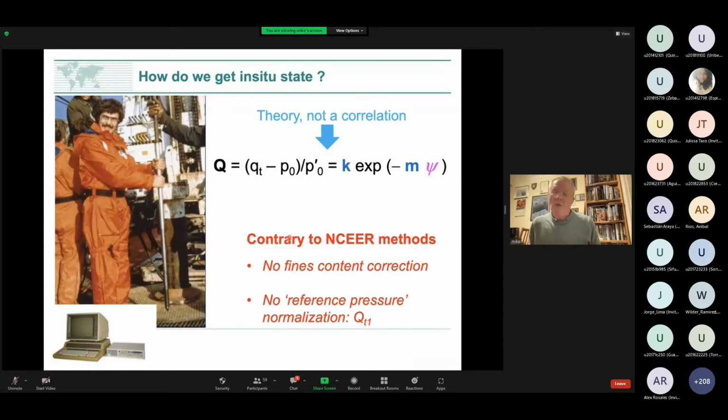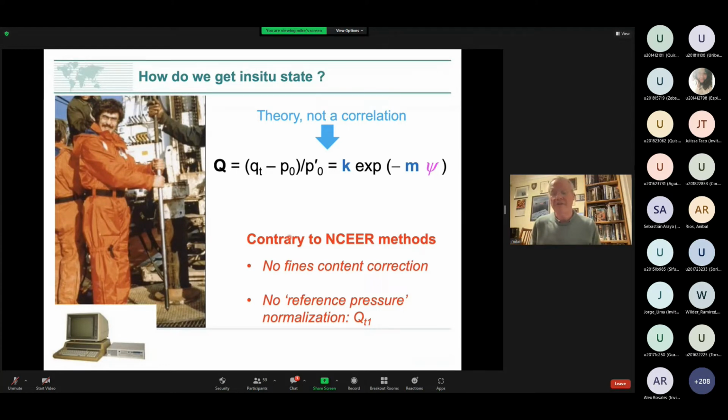In contrast to their methodology, when we're doing a critical state soil approach, there is no fines content correction at all. In essence, what they're doing with fines content is a very poor approximation of lambda. But since we've measured lambda, and we know what the compressibility is, we don't involve any fines content corrections.